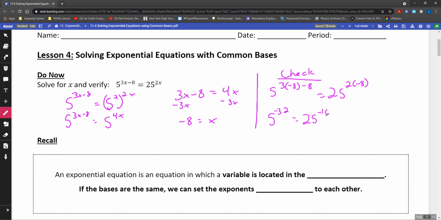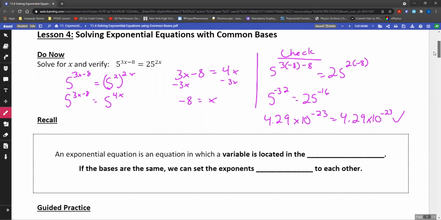Now, this might be a little bit too big to put in the calculator, but if you do it, you do get that these are the same number. If you have a powerful enough calculator, you should get this for both numbers. So we do get the same thing.